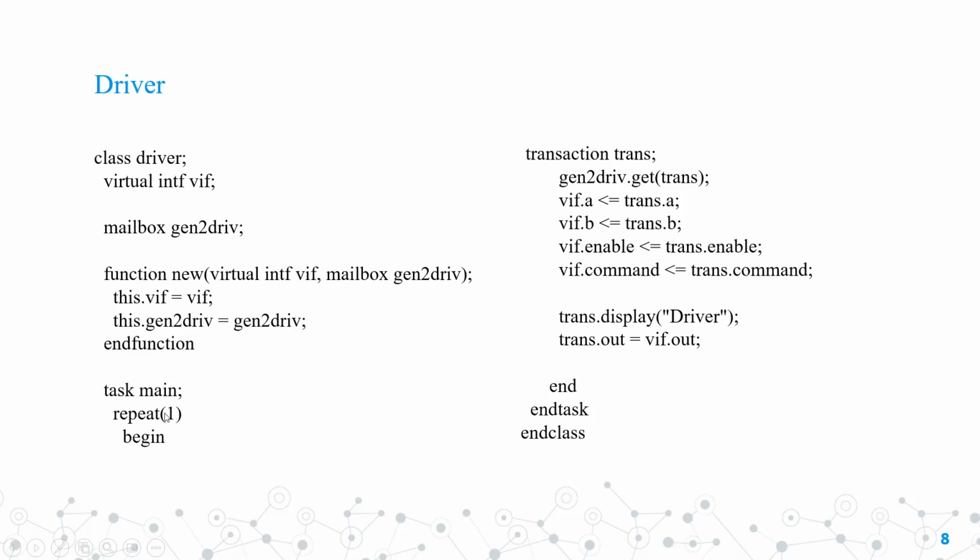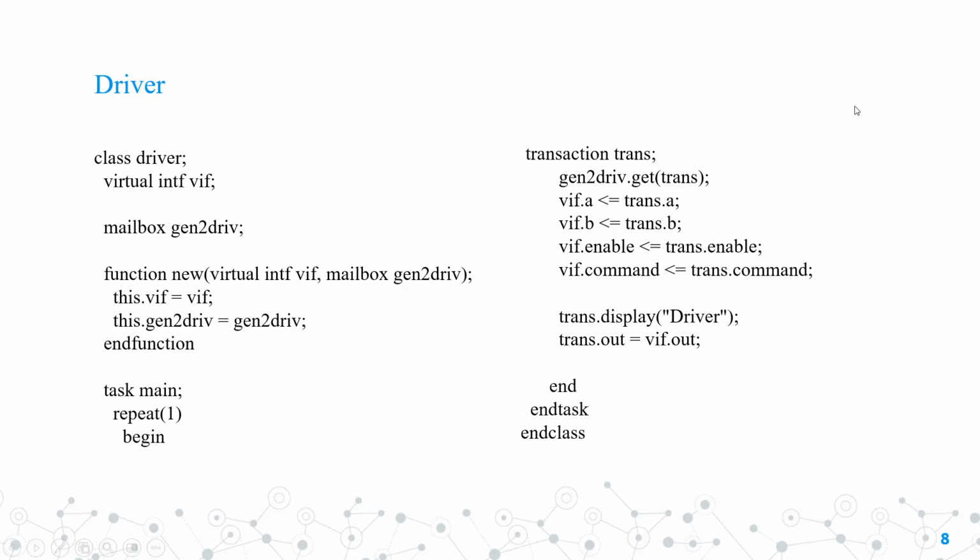In this also I am writing a task called main, in which I am driving the design under test using the data I have previously generated. I have also created a handle for the transaction class called trans. From the gen2drive mailbox, I am getting the data into the trans packet, which we have sent from the generator class.